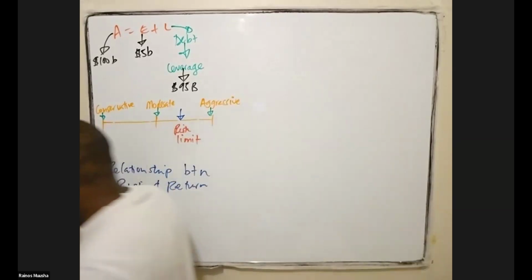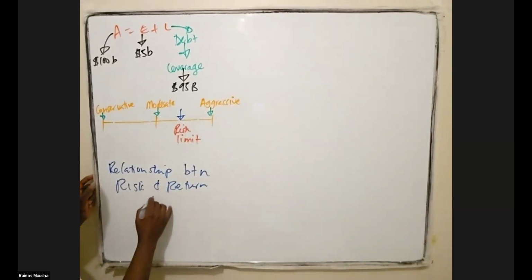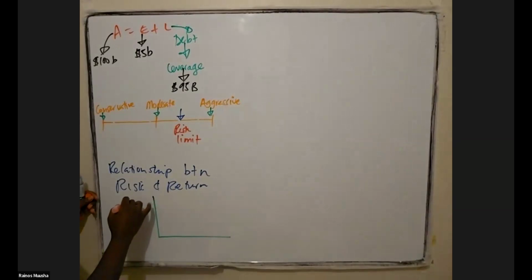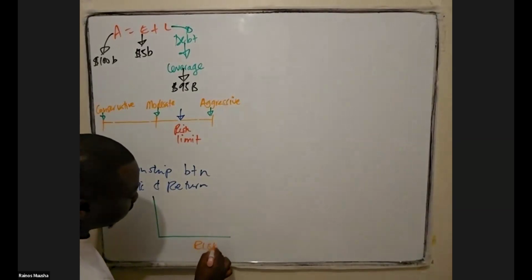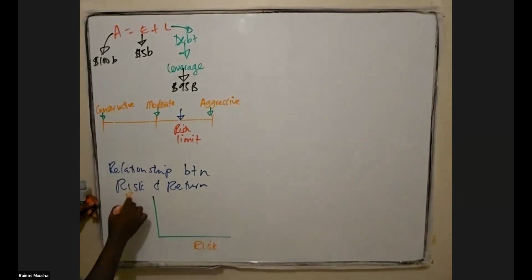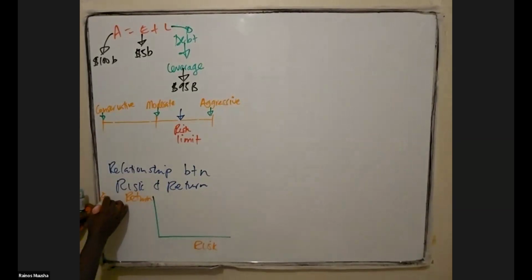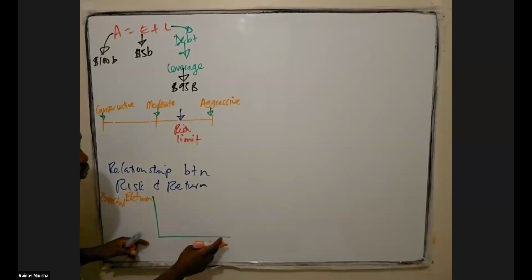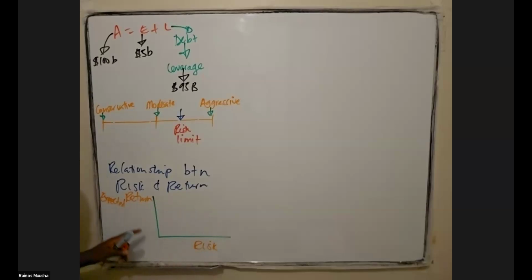So which means generally this graph is something like this. So we have risk on the x-axis and return on the y-axis. I prefer to say expected return, because just because you are taking on so much risk does not necessarily mean that you're going to be having that return.